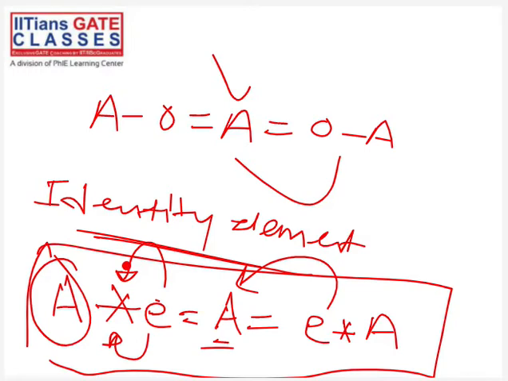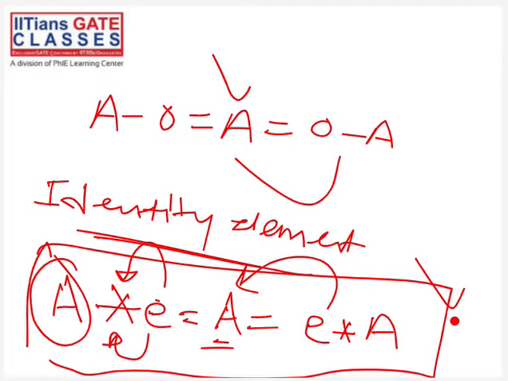So this is the property that we need to check. You can see for associativity, we have a property to check. Whenever I ask you to check for associativity, all you have to do is check A star B star C equal to A star B star C, right? So you already know that thing. Similarly for commutativity, we have a property.